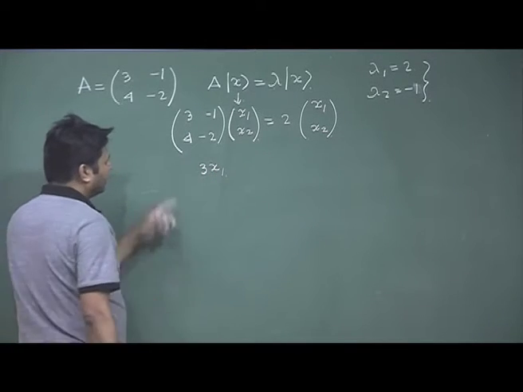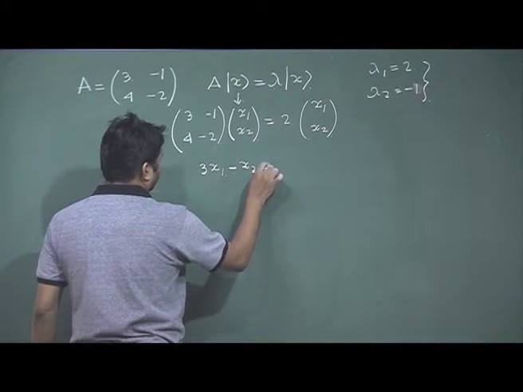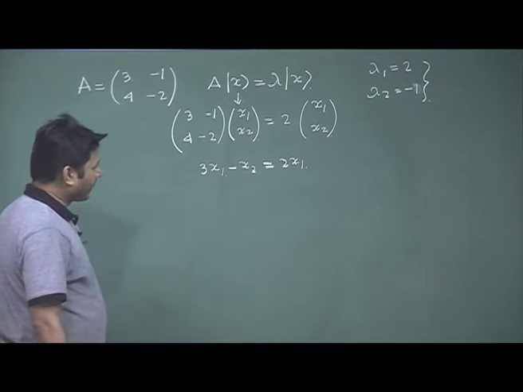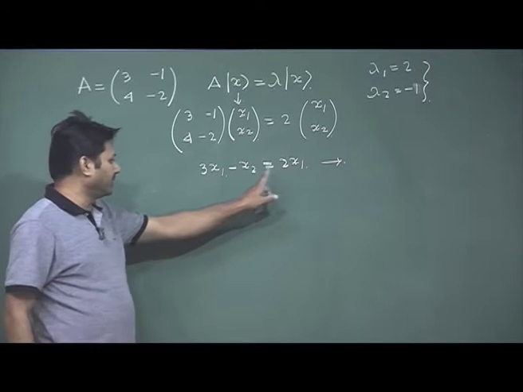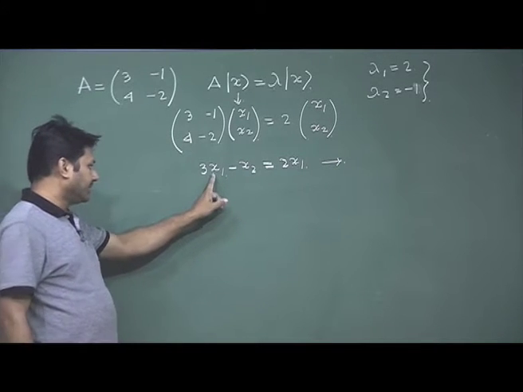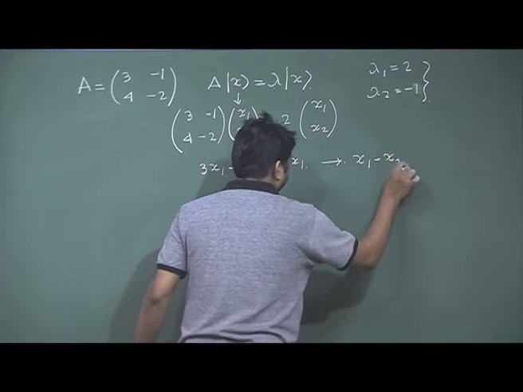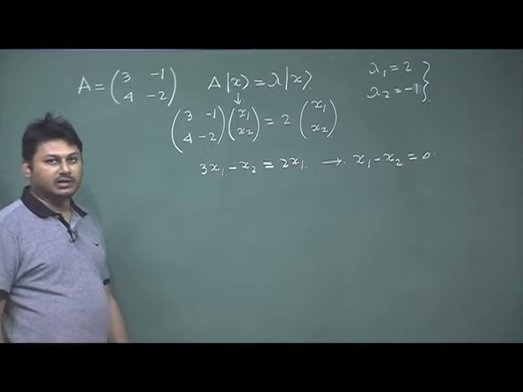3x1 minus x2 is equal to 2x1, the first equation. From here, if I move the 2x1, it will be x1 minus x2 is equal to 0. This is my one equation in a simplified form.